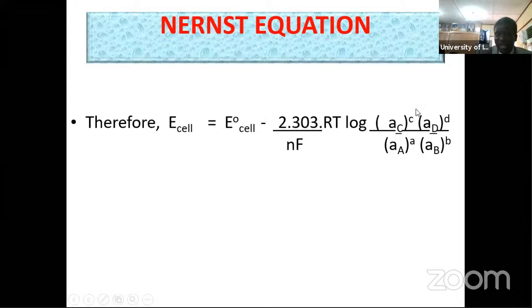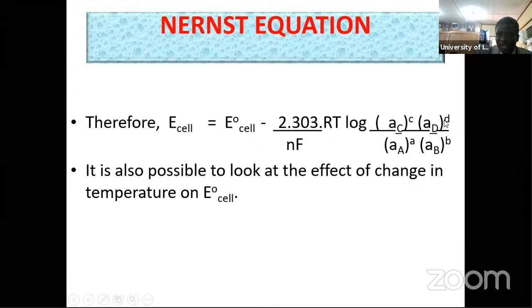You have used the log here, and now your equation based on assuming that you have equation going to C plus D, activity of D raised to power D, activity of A raised to power A, activity of B raised to power B, based on the earlier equation we used, that you have small a capital A plus small b capital B to give you under equilibrium condition small c capital C plus small d capital D.